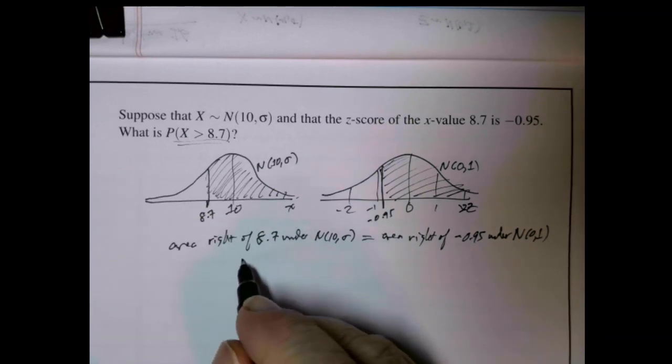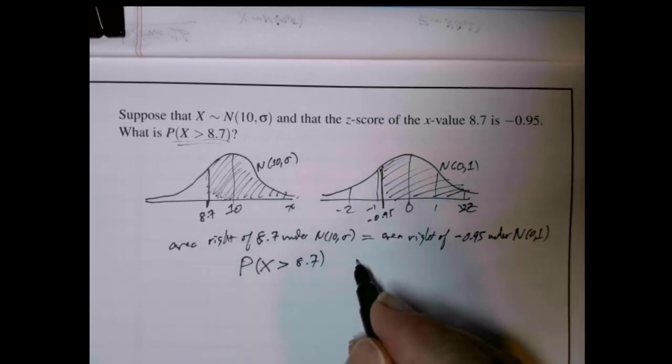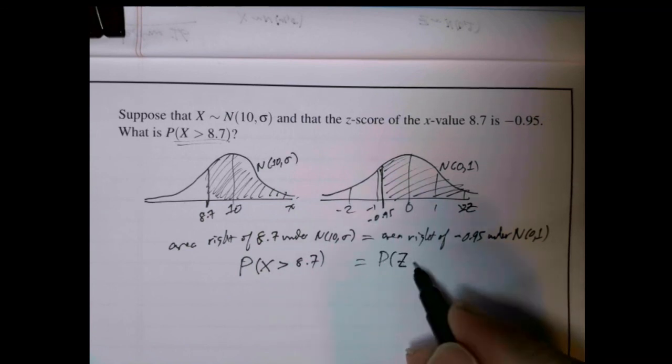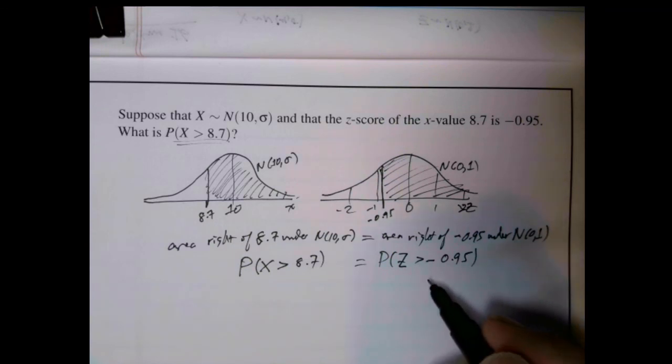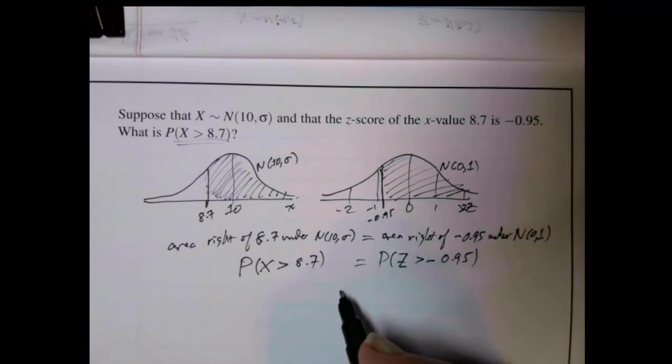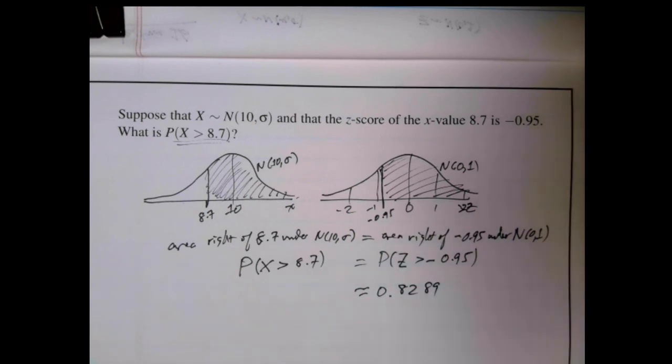Okay, that is to say, the probability that x is greater than 8.7 is equal to the probability that z is greater than negative 0.95. And that you can just get on your calculator, right? That's going to be approximately 0.8289. Okay.